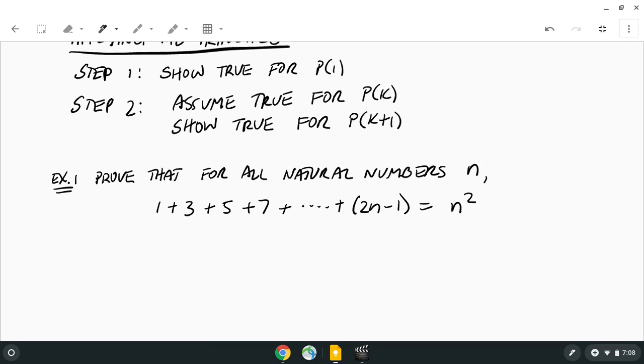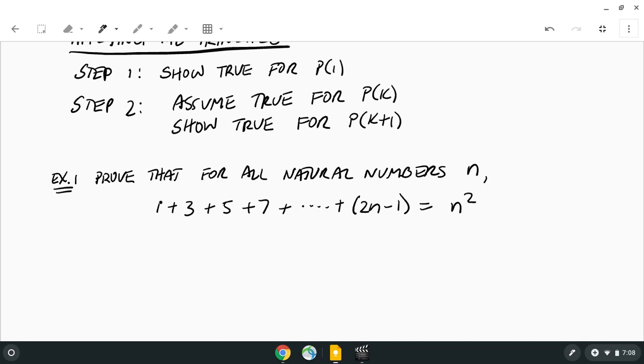So we have the sequence of numbers 1, 3, 5, 7, 9, 11, 13, the odd numbers here. And we're saying that whenever you add the first n terms of that sequence, it's going to equal n squared.